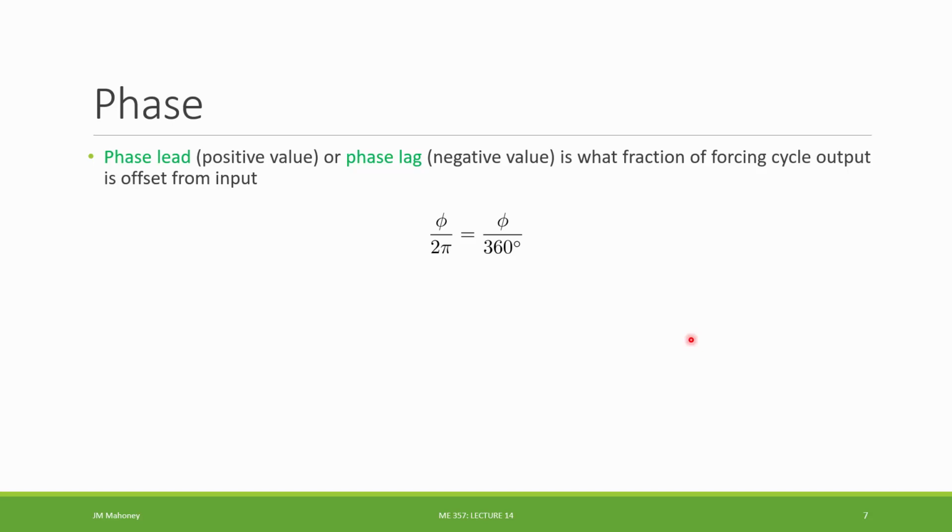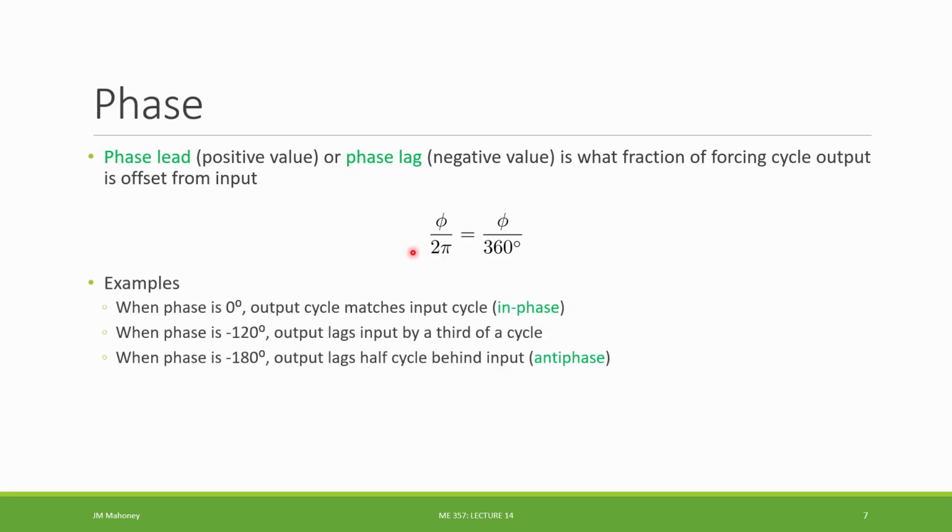So what we can look at here is typically our phi is going to be in radians. So we can divide it by 2 pi and we get a fraction. So it might be like a quarter or a half or 3/4, 2/3, whatever it is. That tells us again how much the output is offset from the input.